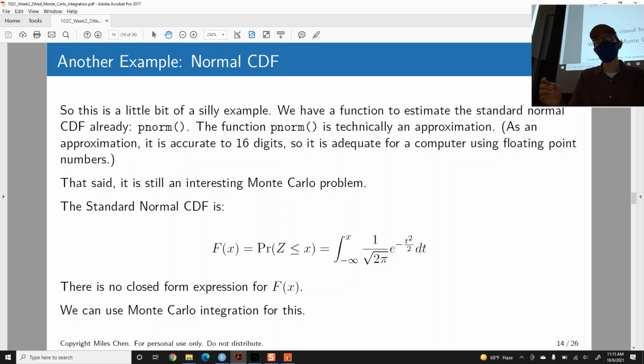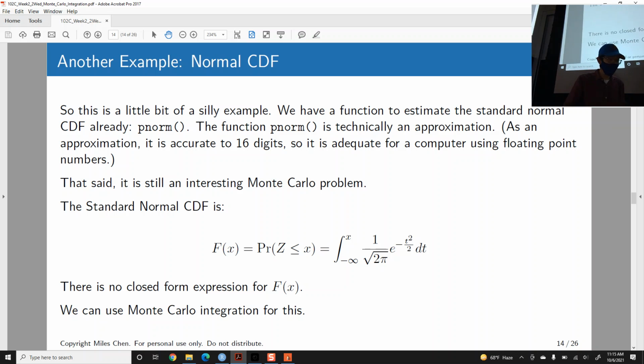We just use pnorm, right? And then we just say, hey, pnorm of 0 is 0.5, pnorm of 1.96 is 0.975, et cetera, okay? I think in 100B you learned that there is no closed form solution for the cumulative distribution function of the normal, right?